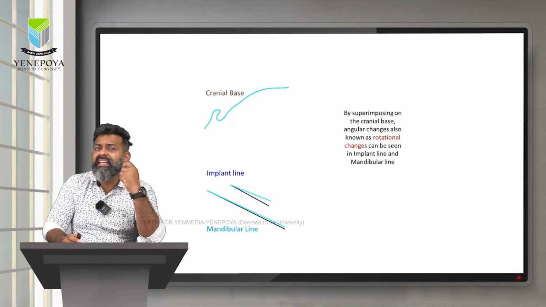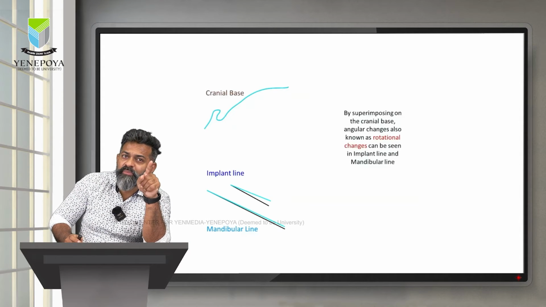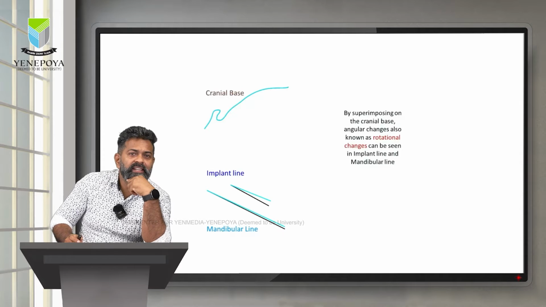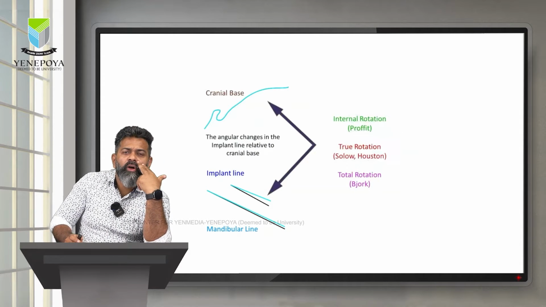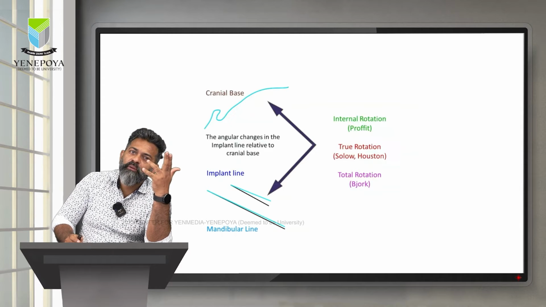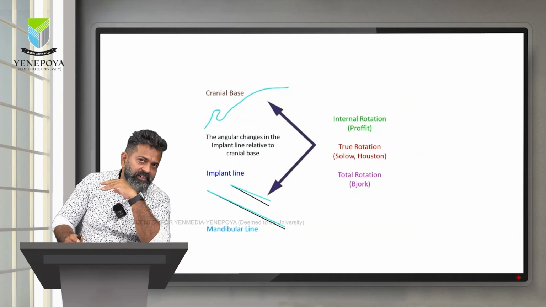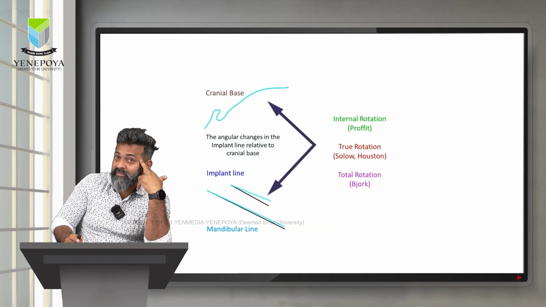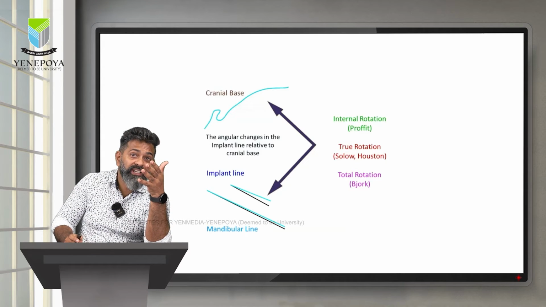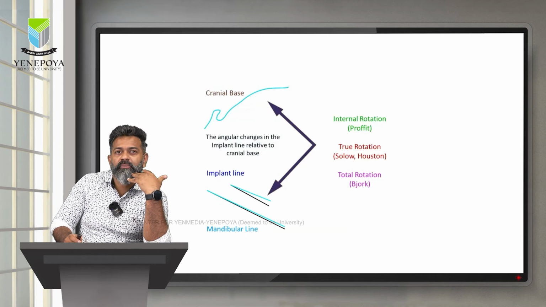You can clearly see there is some difference in the corpus line and the mandibular border. Authors started naming it in different ways. Profit said cranial base to corpus of the body is internal rotation. Hudson said no, it is true rotation, and Bjork said it is a total rotation.